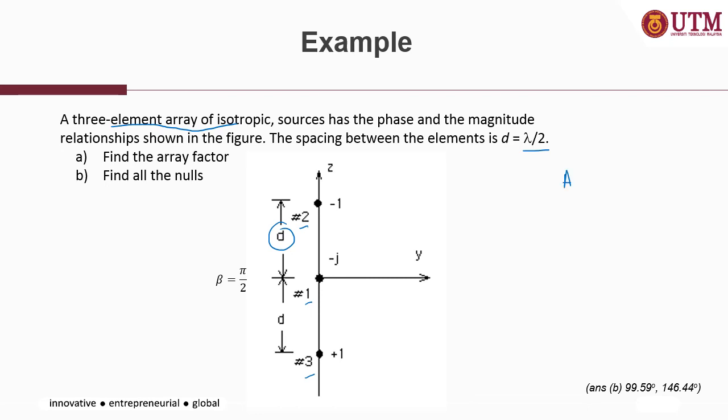You can use the equation with method 1 using the cosine function, or method 2 using the sine function of psi. Next you need to find the null locations. The answer for part B is that the nulls appear at 99 degrees and also 146 degrees.